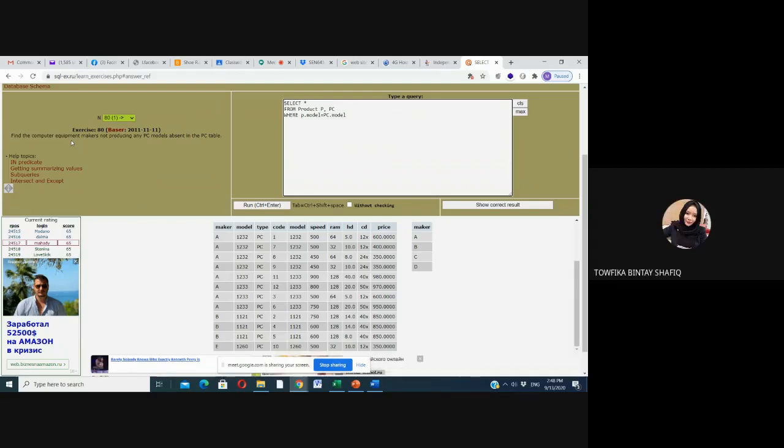Sir, can I share my thoughts? Yes, please. Sir, can you show me the PC table? Oh, sure. Let us then run a query with the PC table: select star from PC.